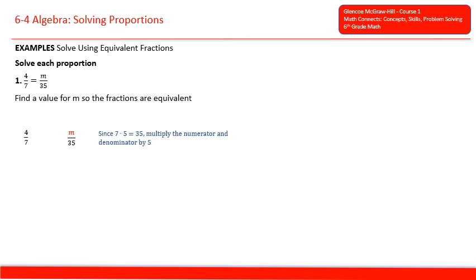Remember, whatever we do to the denominator, we have to do to the numerator. So 7 times 5 equals 35, and 4 times 5 equals 20. 4/7 equals 20/35, since 4 times 5 equals 20. M equals 20.